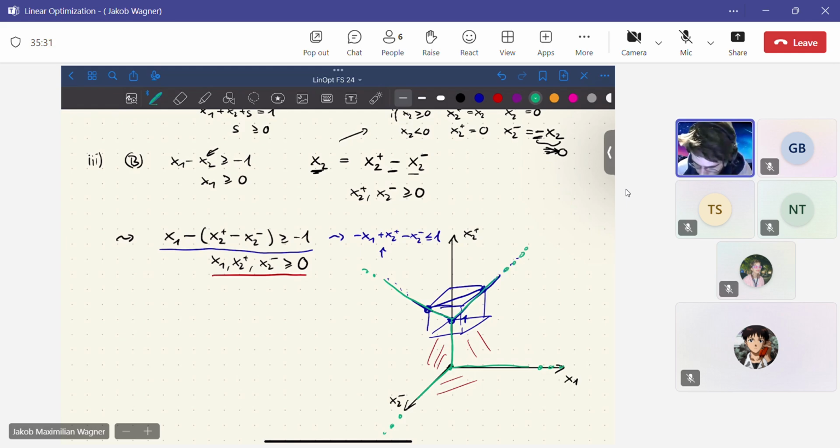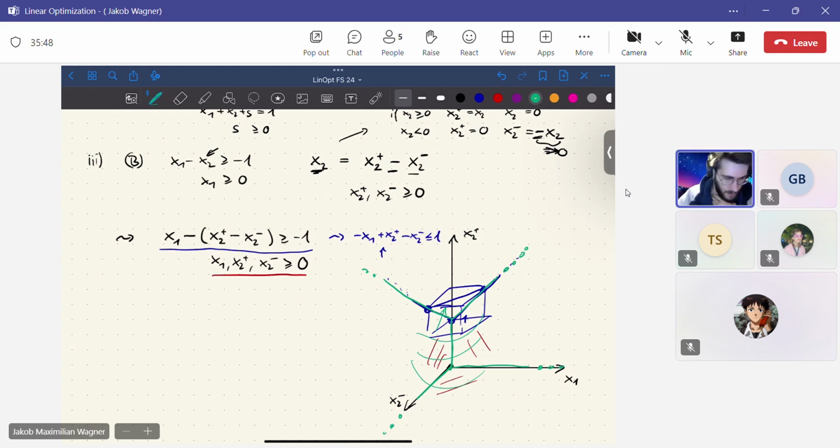And then we have everything that's in front of this intersection here and below this hyperplane that's somehow very skewed and comes out of my drawing plane. Okay.